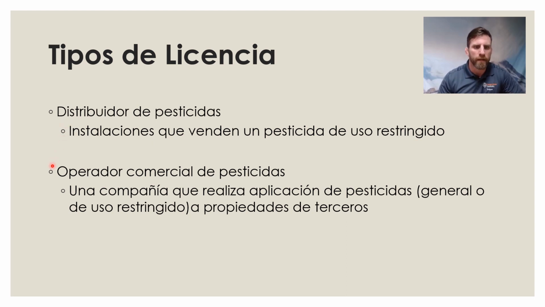A company or a business that makes pesticide applications, whether it's general or restricted use, to properties for others or properties of others, needs a commercial pesticide operator license. So this is a business which gets paid to go make pesticide applications. Okay, so that's the difference between a pesticide dealer, person who sells pesticides, and a commercial pesticide operator, a company or business that gets paid to apply pesticides.